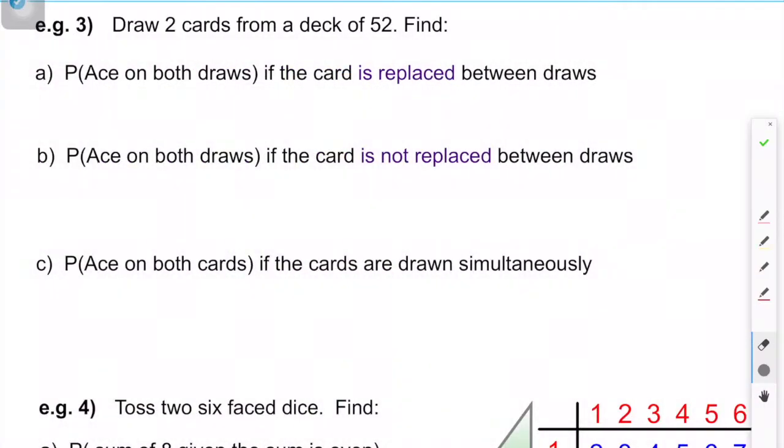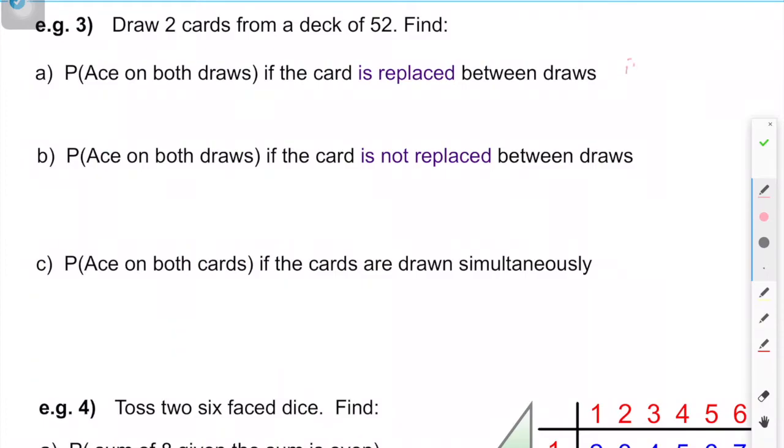Example 3. Draw 2 cards from a deck of 52. Find the probability of getting 2 aces if the card is replaced between the 2 draws. First we need to decide whether the second draw is affected by the first one. If I'm replacing my first card, do I notice a change in the deck before I pick my second card? Not really, right?